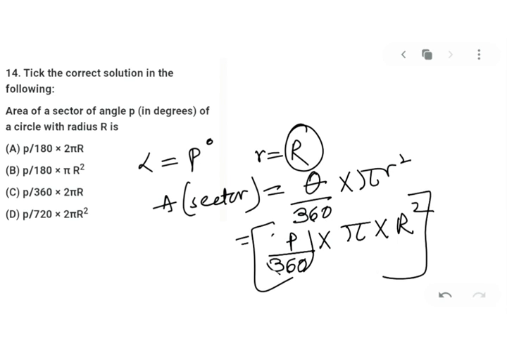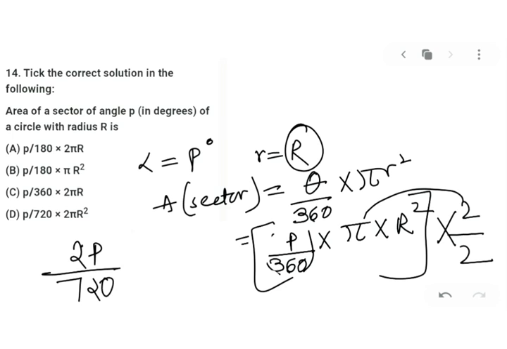Can I just multiply the whole equation by 2 by 2, so that it will be 2p upon 720 into 2 pi r square. Getting my point? So 2p, I can reduce this 360 to pi r square. So the option should be 2p upon 720 into 2 pi r square if I am going with this.